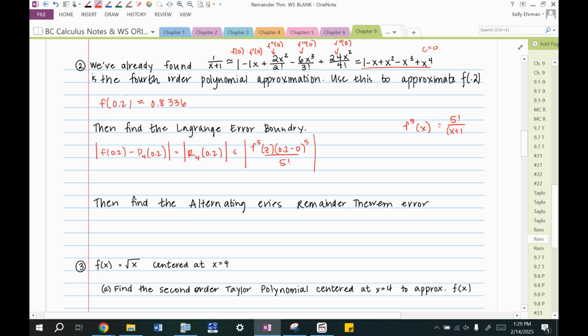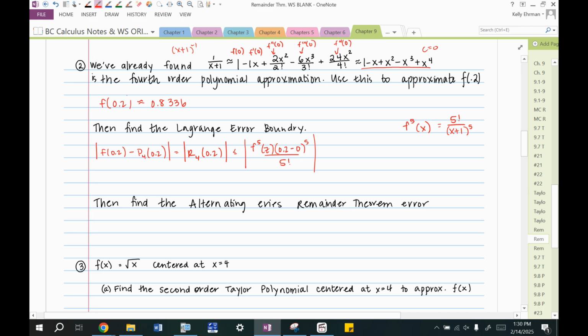Because if you actually are taking derivatives here, before you plugged in, this is x plus 1 to the negative 1. Take the derivative of that, you get 1 over x plus 1 to the negative second. Take the derivative of that to the third, to the fourth. So if you can't get here, then go ahead and take all the derivatives until you get to the fifth one.